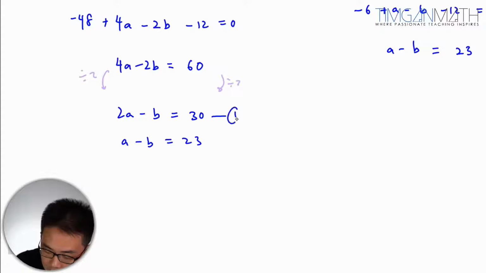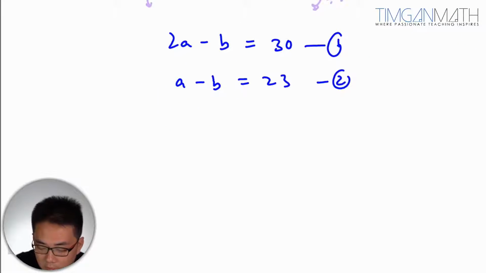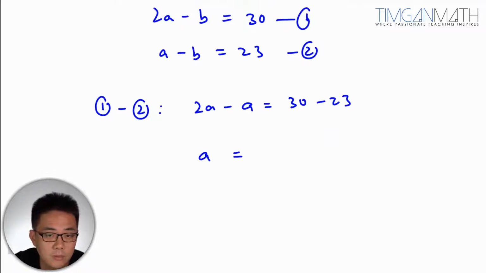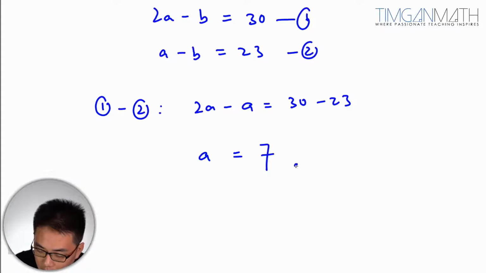The first one, I'm going to solve this by using the elimination method. So 1 minus 2, we get 2a minus a equals 30 minus 23. And this will be a equals 30 minus 23, which would be 7. Okay, and then after which you substitute in from here, 7 minus b equals 23.